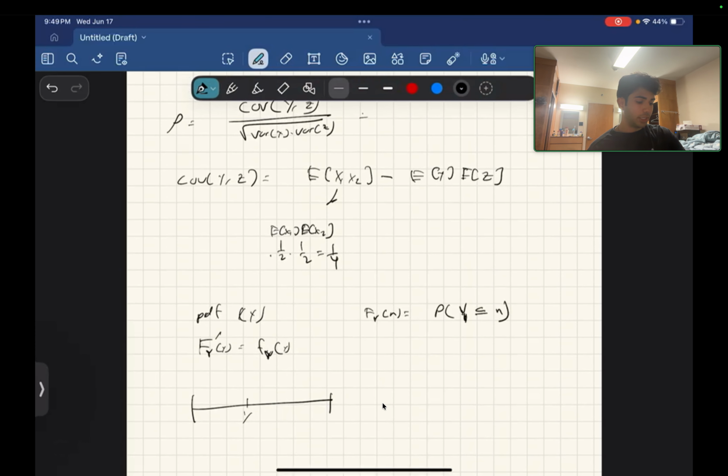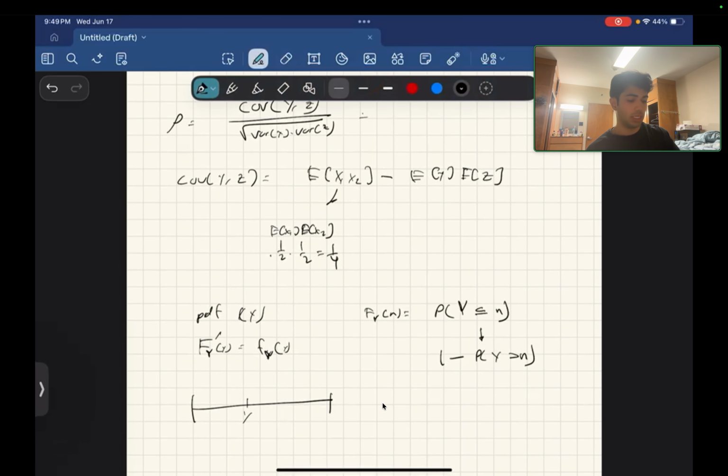That's a little tricky for minimums because it's hard to conceptualize. So instead we can flip the question and look at the complement: the complement of y being at most n is the probability that y is at least n, and we do 1 minus that to get the complement of the complement.